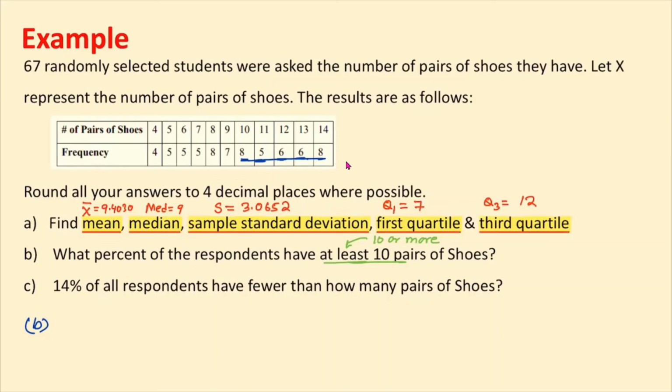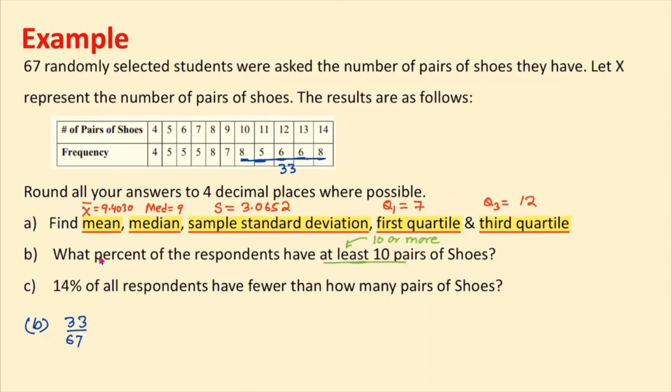If we add these numbers, 8 plus 5 plus 6 plus 6 plus 8, that total will be 33. That means 33 of them have at least 10 pair of shoes. So that is 33 out of 67 students, right? Because the total number is 67.